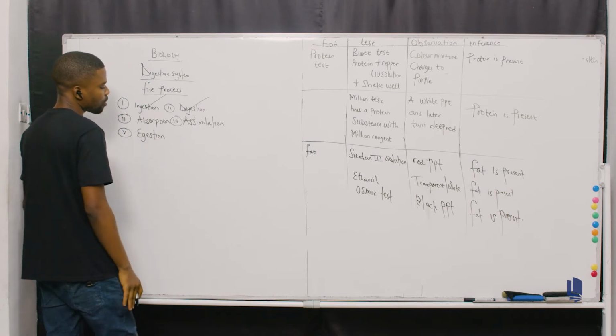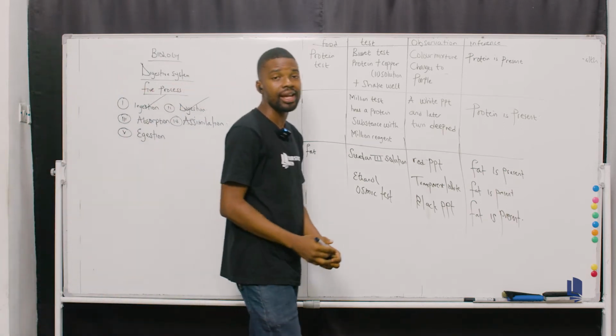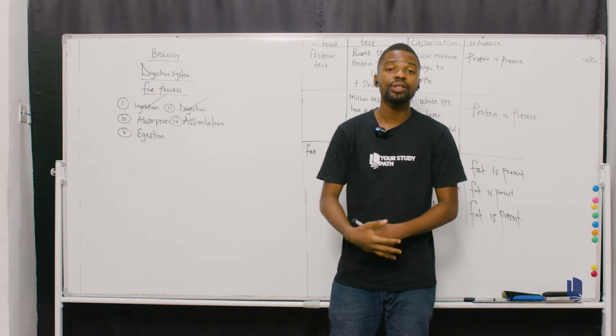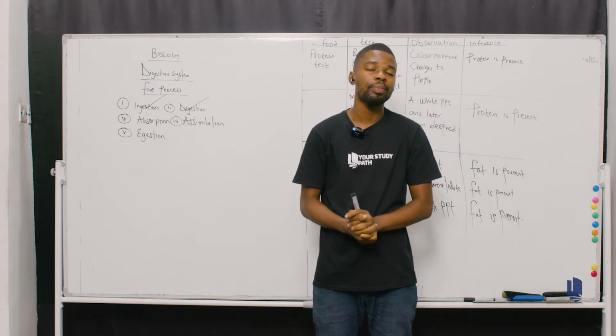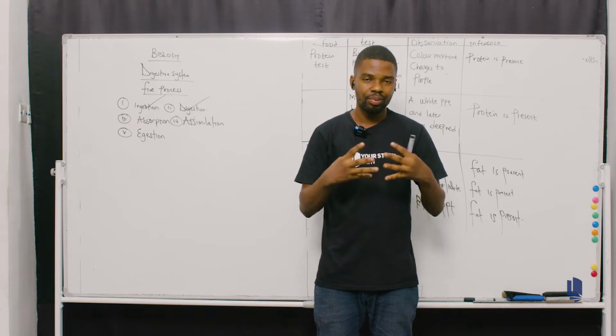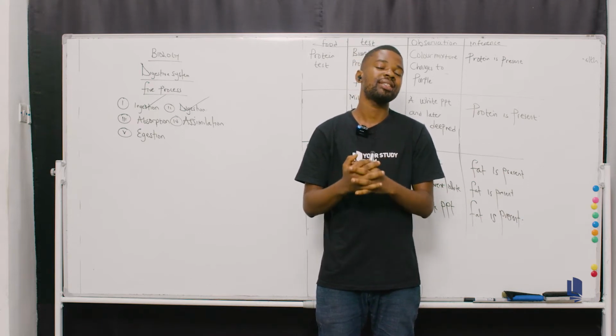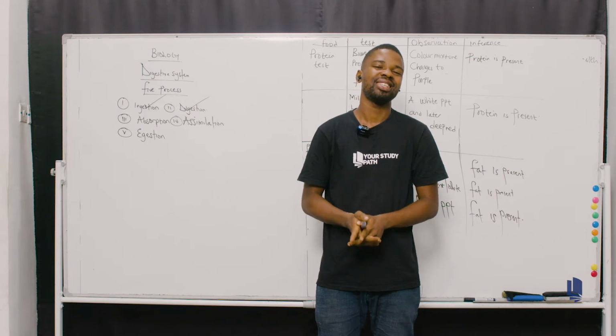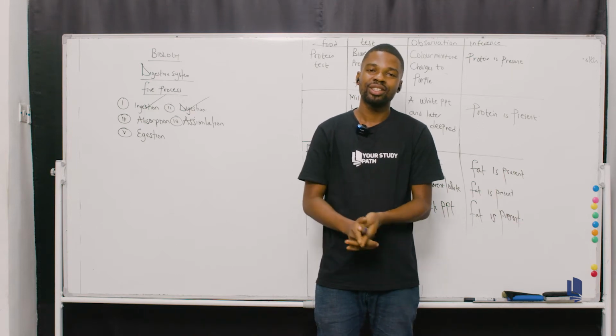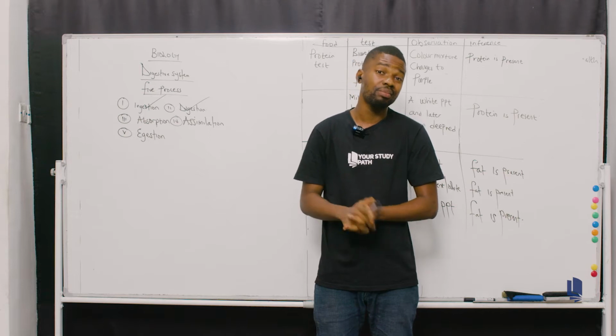Now, what is absorption? Absorption means that this food has now been digested. What is the next thing that will happen? When you're eating, what your body is actually taking is the nutrient in the food, not the rice. It's the carbohydrate in the rice. Not the beans, it is the protein in the beans.